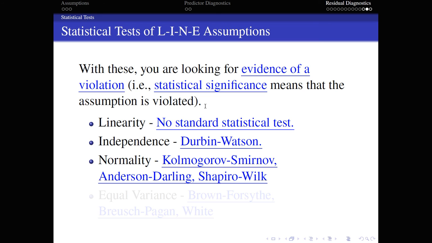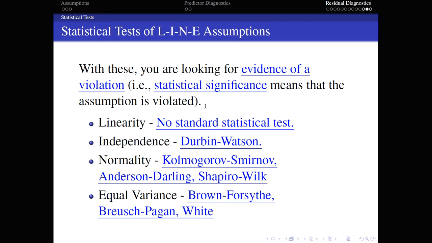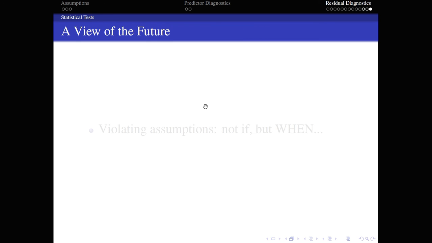Kolmogorov-Smirnov is super flexible, but tends to be a little bit old-fashioned. For the equal variance assumption, there are definitely several methods that you can use: the Brown-Forsythe, the Breusch-Pagan, and the White test. All of these have advantages in certain areas. I think in the R example, we'll use the Breusch-Pagan test.